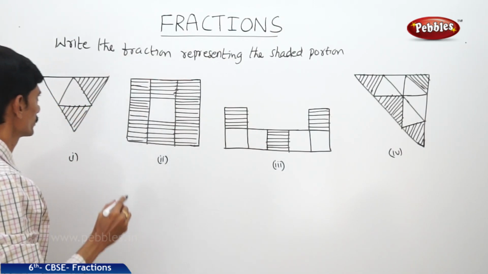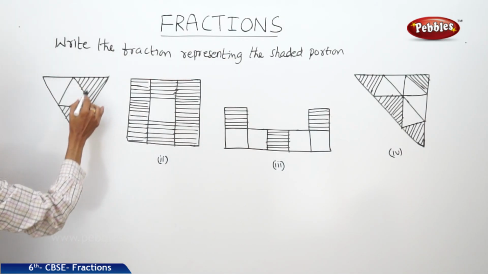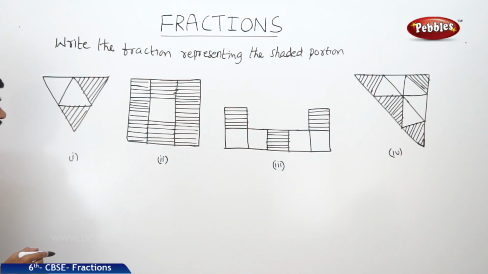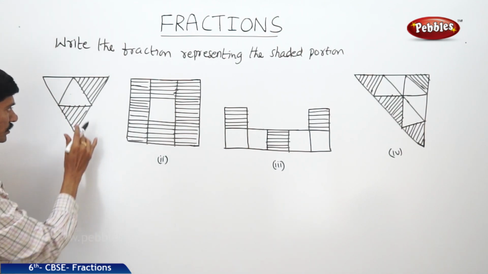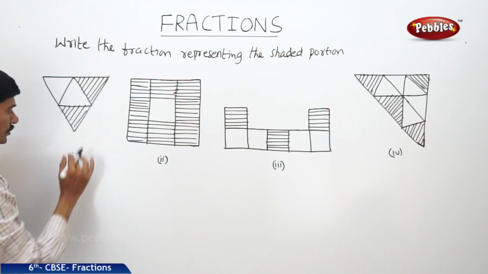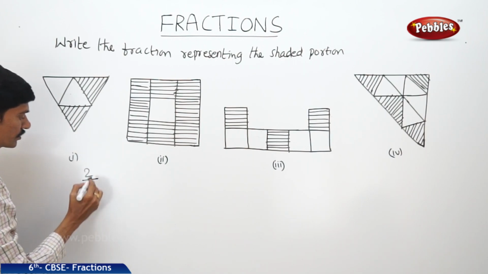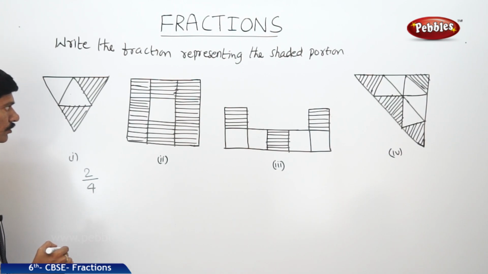Now in the first figure, a triangle has been divided into 1, 2, 3, 4 equal parts. So out of 4 equal parts, 2 parts are shaded. So then we represent this shaded portion as the fraction 2 parts out of 4 parts. So this equals 2/4.